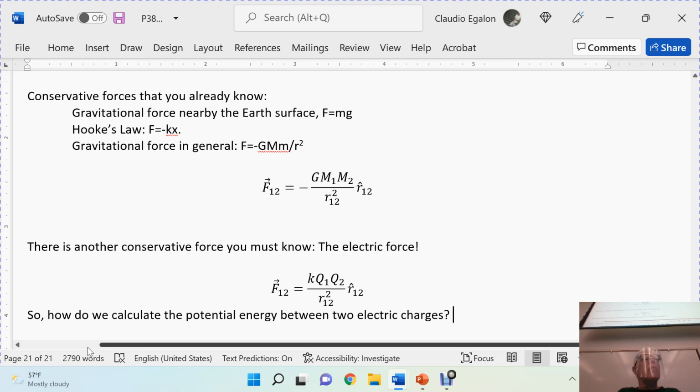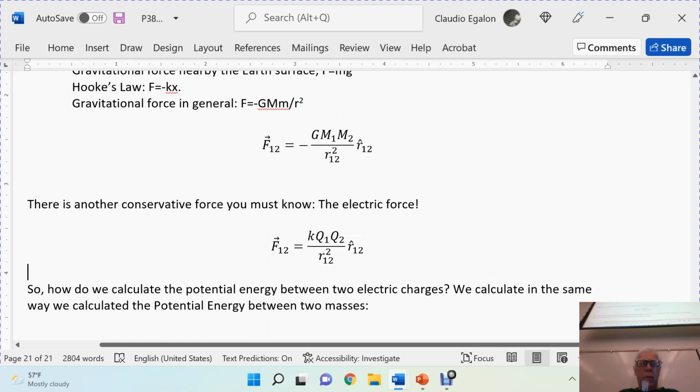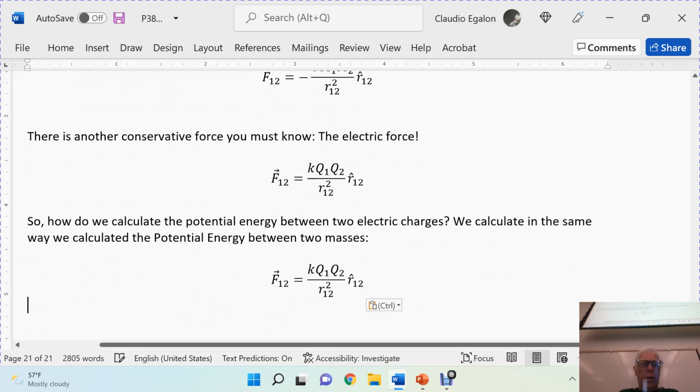Okay, we calculate it in the same way we calculated the potential energy between two masses. Okay, here we go. Potential energy between two charges, it's going to be like that.